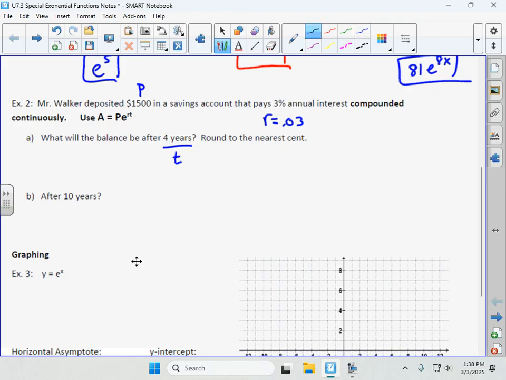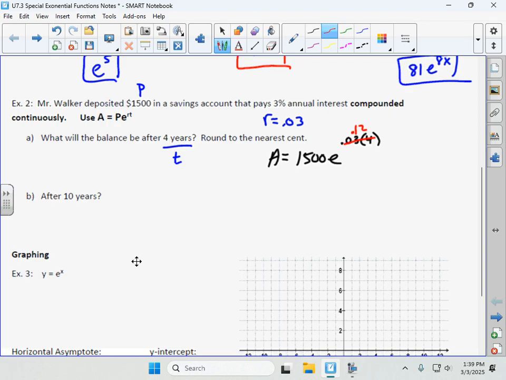Plugging those numbers into the formula, A equals 1,500 times e raised to the 0.03 times 4. Depending on your calculator, you could just put it all in like that, or you could do it in steps: find the exponent first, 0.03 times 4, which is 0.12.